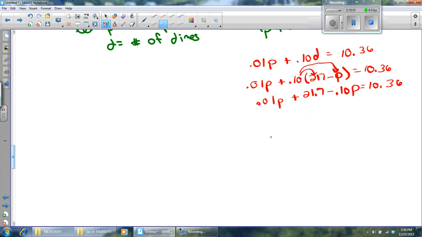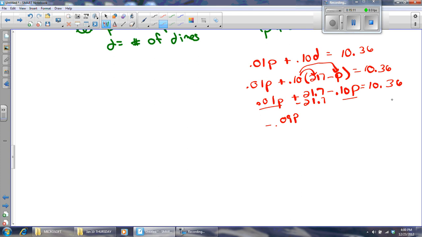And got a like term here and here. That's going to be negative 0.09P. I'm going to subtract 21.7 from both sides, right? Now again, here I'm going to do 21.70, and I'll subtract the 10.36, and I'll just make my answer negative.